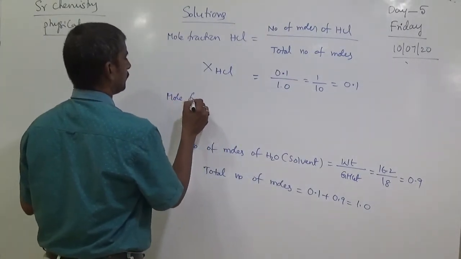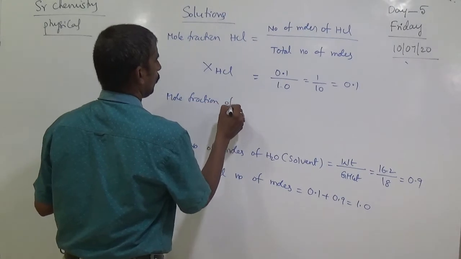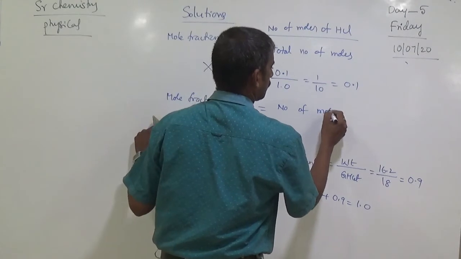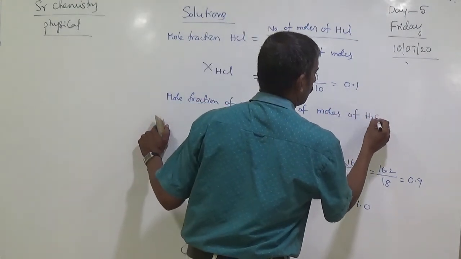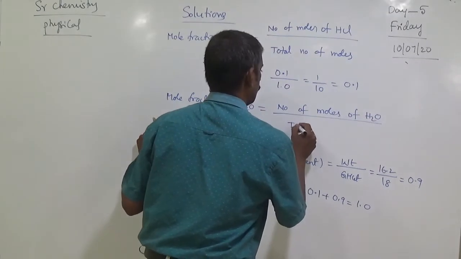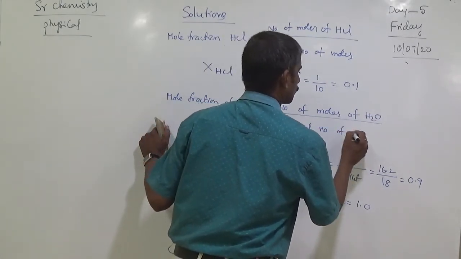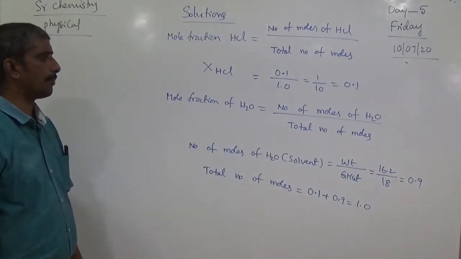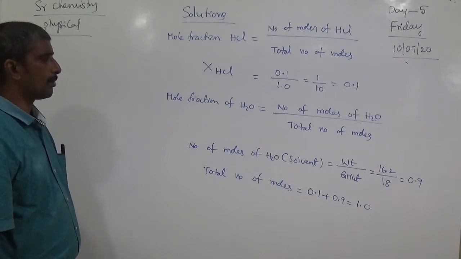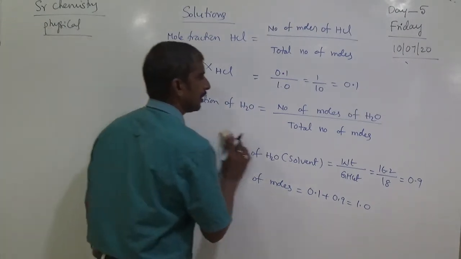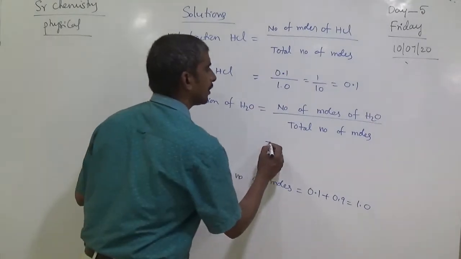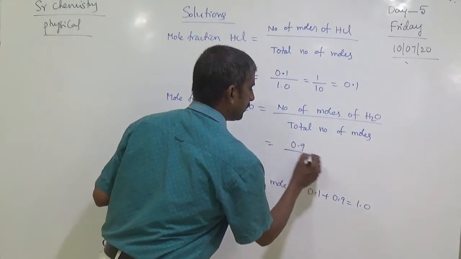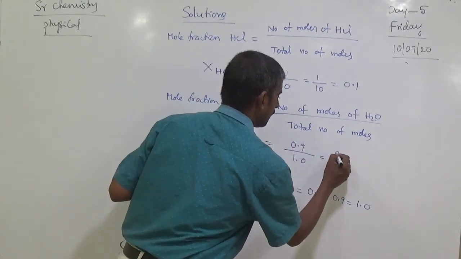Next, mole fraction of water equals number of moles of water by total number of moles. Number of moles of water is 0.9, total is 1.